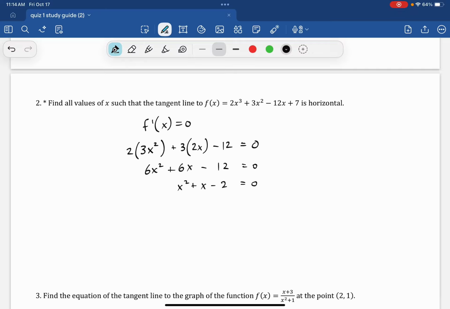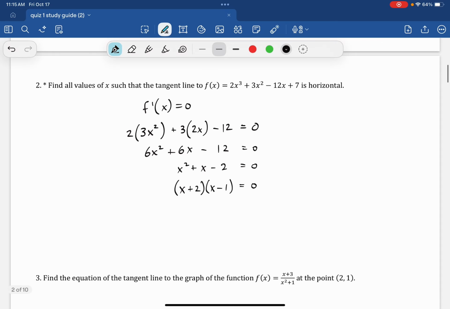This is something we can factor, and that's just x plus 2 times x minus 1. So the answers are x equals negative 2 and positive 1. And so essentially, for these values of x, the derivative is going to equal 0, which means that the tangent line to the original function will be horizontal and have slope 0.